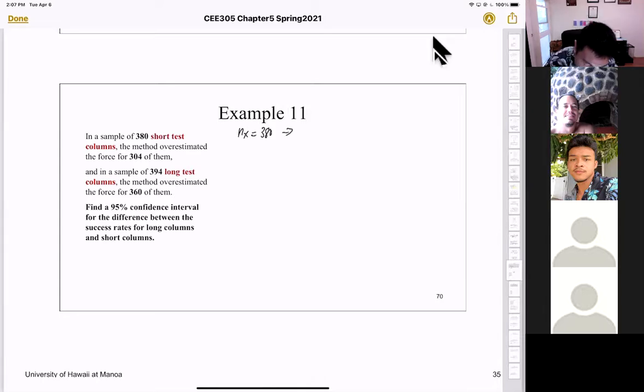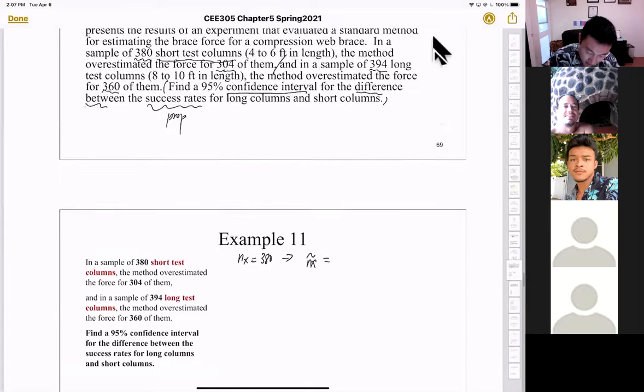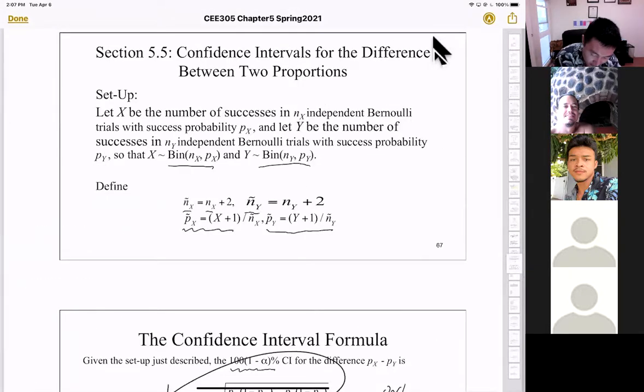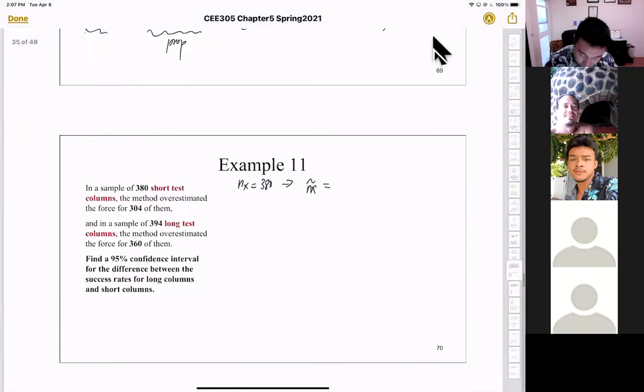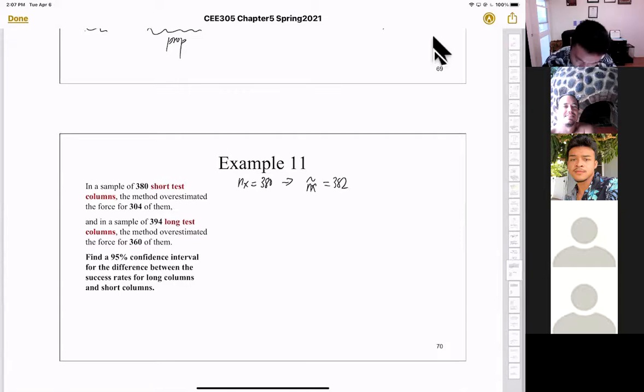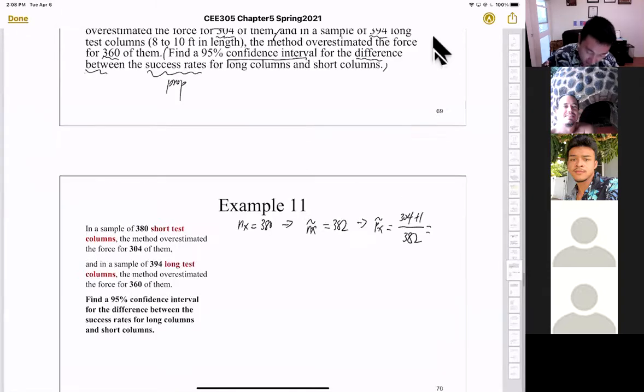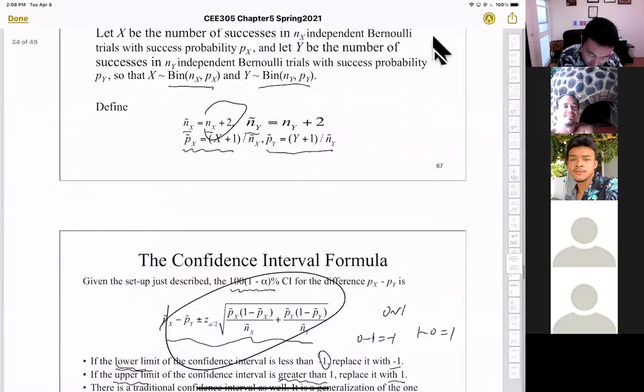The modified nx will be nx plus 2, as shown in this equation here, so 382. And modified px, use the equation, is 304 plus 1 over 382. That is based on that equation: x plus 1 over modified nx.